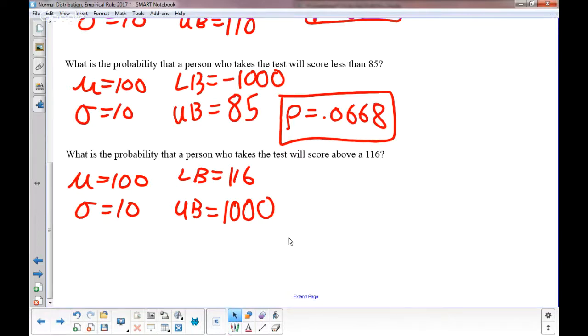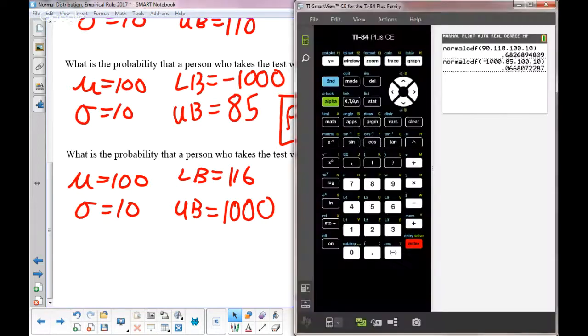So going back to my calculator. Second, vars. Number 2. Lower bound now is 116, whereas my upper bound is now going to be 1,000. I'm just going to put 1,000. Go down, paste. Again, I don't want to change mean or standard deviation. Paste again.